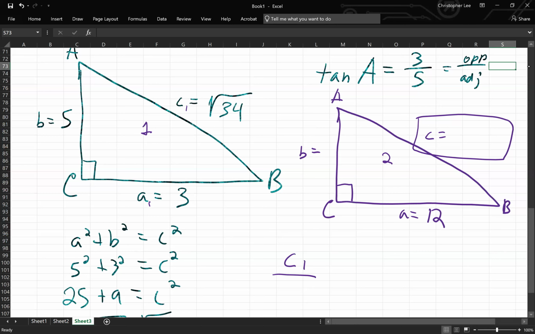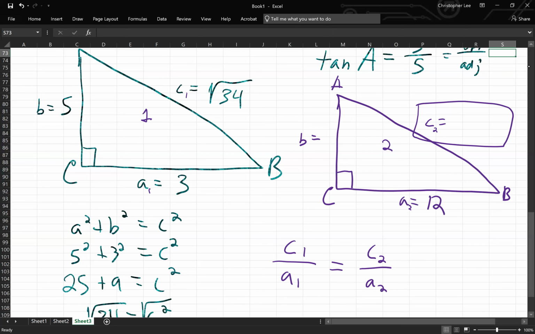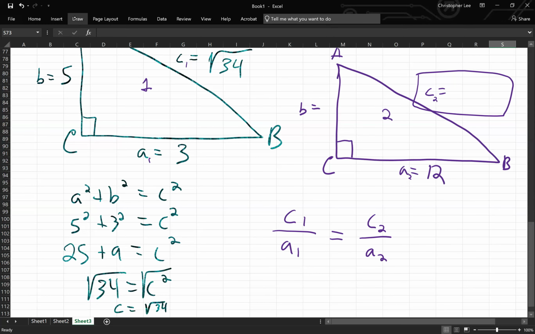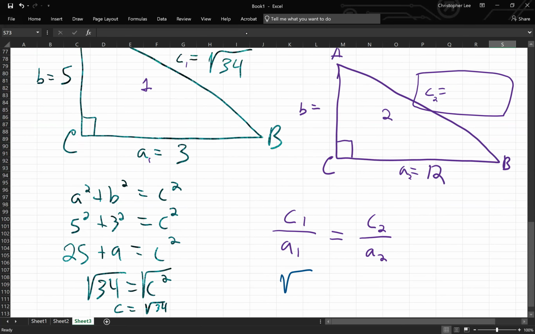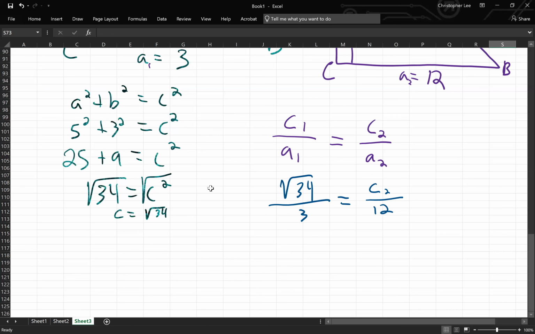C1 over A1 is equal to, let's call this C2 and A2, so C2 over A2. Just plug in the numbers. Nice and simple. So what's C1? Square root 34. C1 over A1, which is 3, is equal to whatever C2 is over 12.